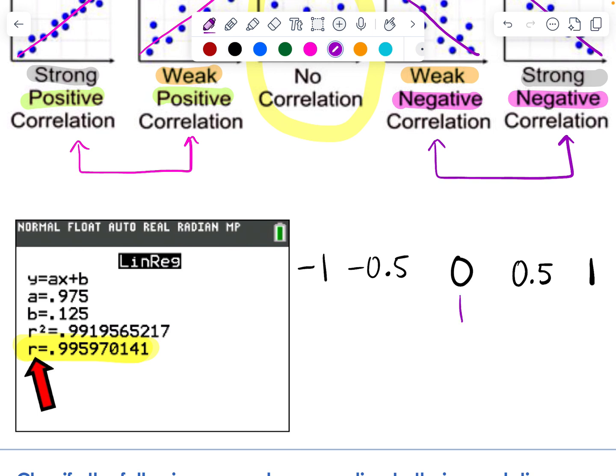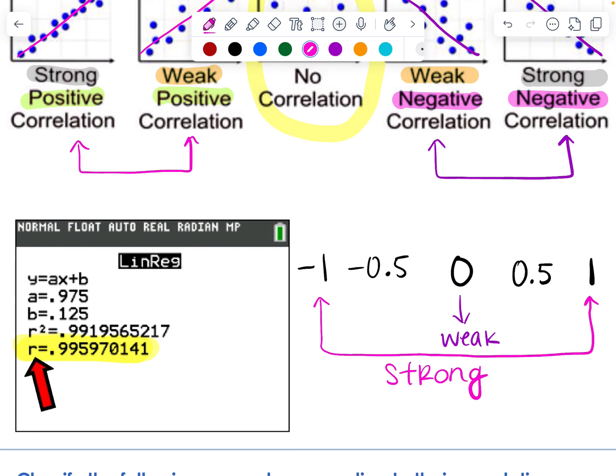Like we talked about before, this 0 is representing a weak correlation, whereas our -1 and our +1 are both representing strong correlations. It just so happens that one of them is positive and one of them is negative. So that means that our middle two numbers with that 0.5 are representing what we call a moderate correlation. Okay, and that's because they're not super strong, but it's not totally weak.